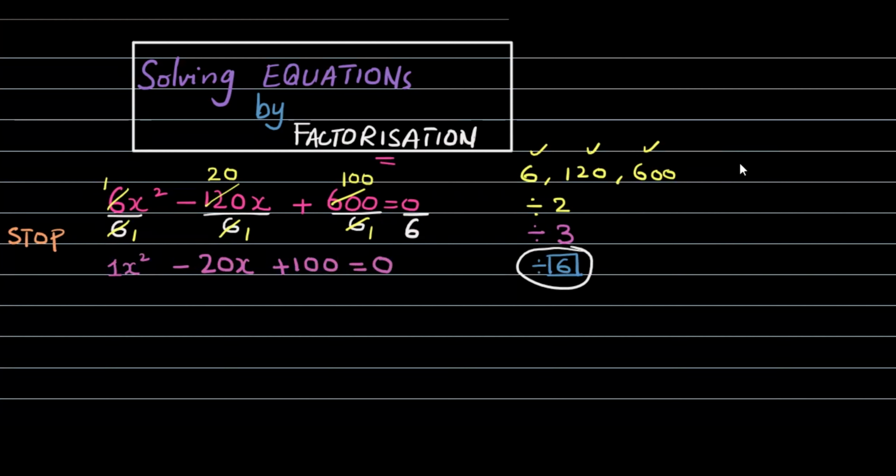Now we will start using middle term breaking. We are going to find the factors to break our middle term. Okay, so our middle term is minus 20. We have to break it. How?